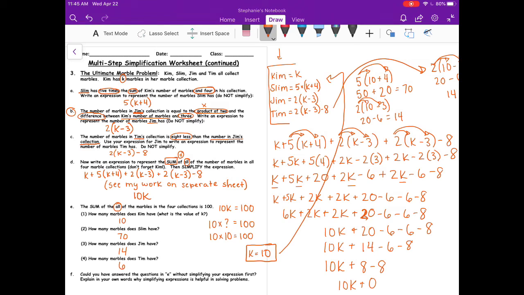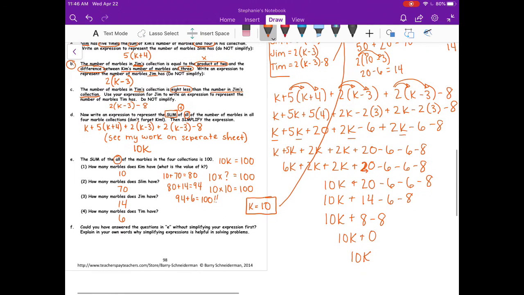Now, to make sure that I've answered all of these correctly, I'm just going to go ahead and add them all up and see if they equal 100. So 10 plus 70 equals 80, 80 plus 14 equals 94, and 94 plus 6 equals 100. Perfect. I know that I've gotten all my answers right now.